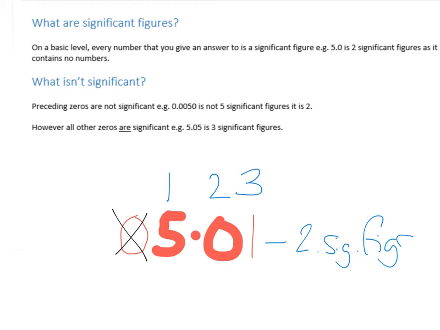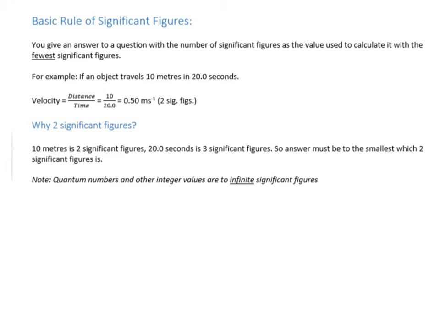Okay, so let's have a look at the rules that we're going to follow in calculation. When you give your answer to a question, the answer should be to the same number of significant figures as the piece of information you used in your calculation with the fewest significant figures. So that's quite a mouthful, so let's have a look at an example.